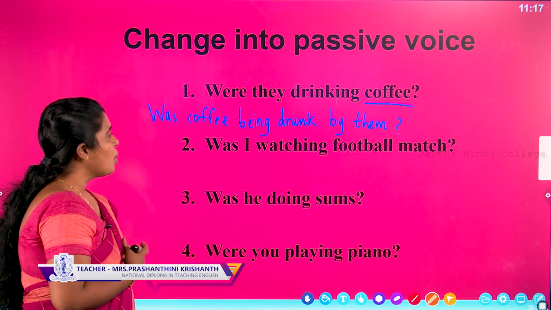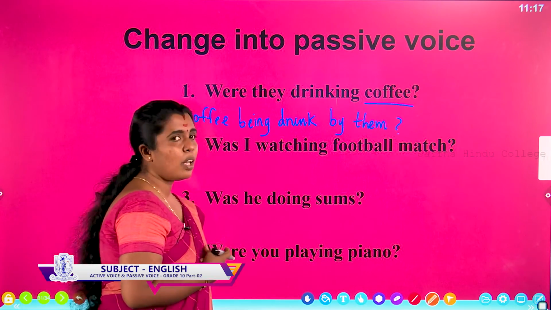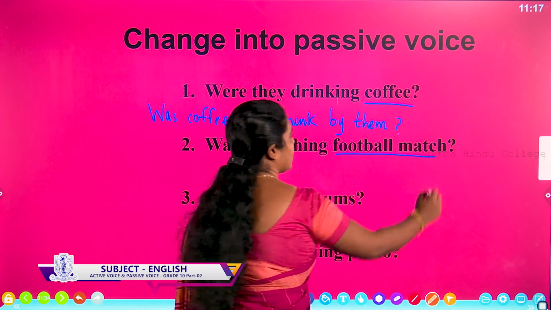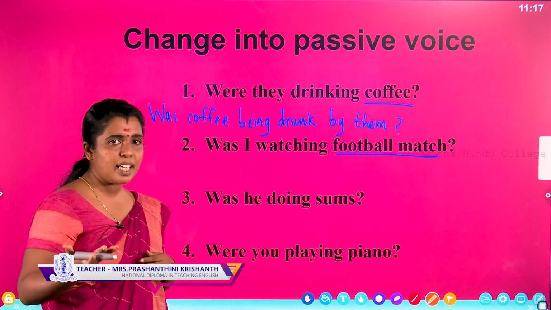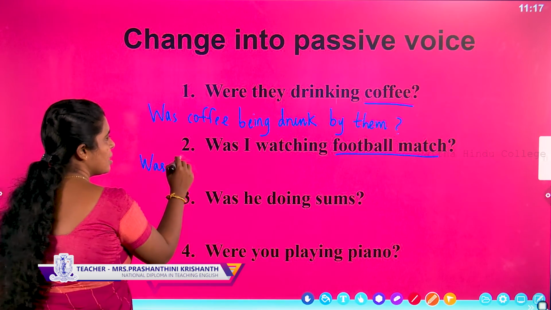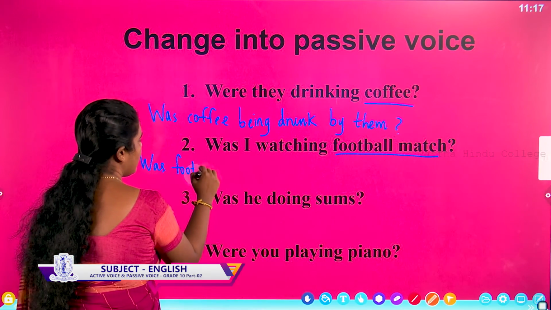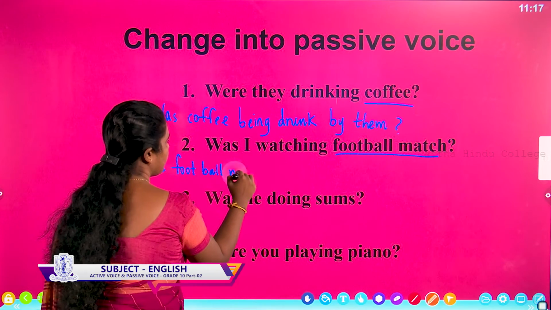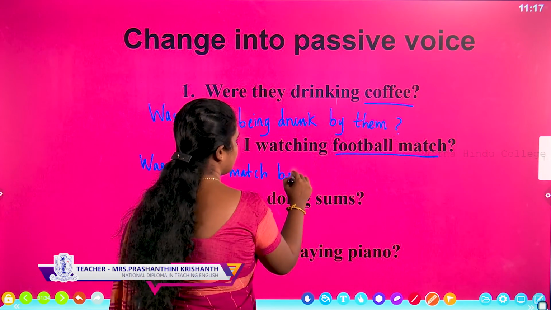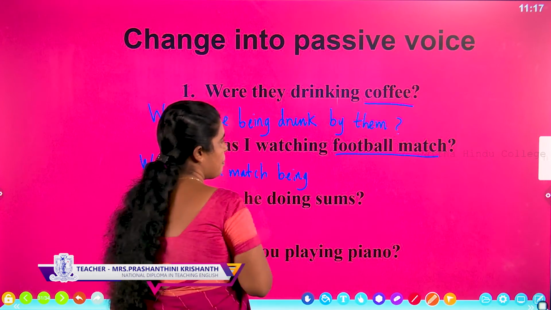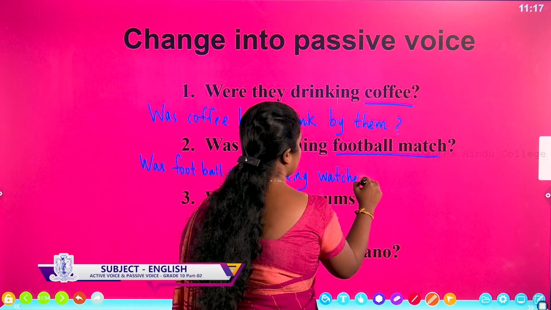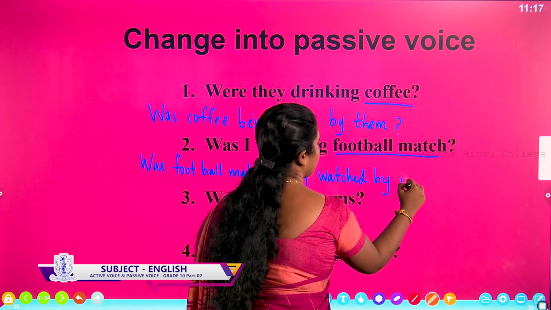Number 2, was I watching football match? So first you have to underline the object, football match. So that is singular. So we have to use the helping verb was, football match, being, past participle form of watch, watched, by me.